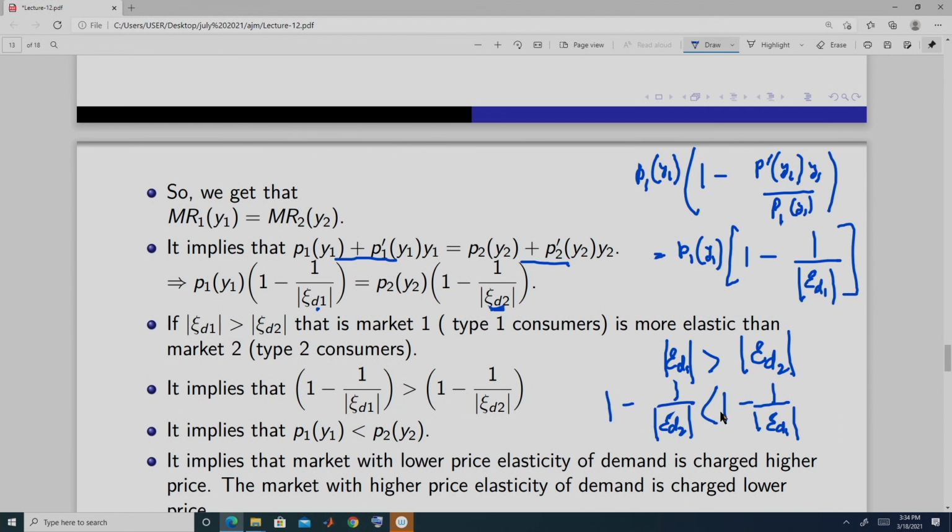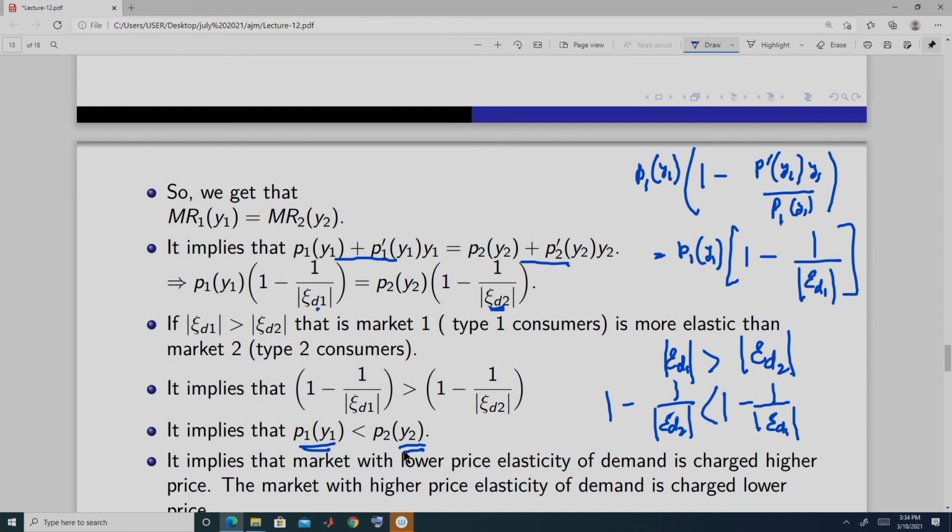So, since they are equal, the price in market 1 should be less than the price in market 2. So, this means what? That if price elasticity of demand is less, then you charge a higher price, and if the price elasticity of demand is high, you charge a lower price.